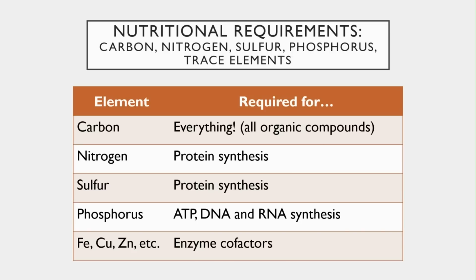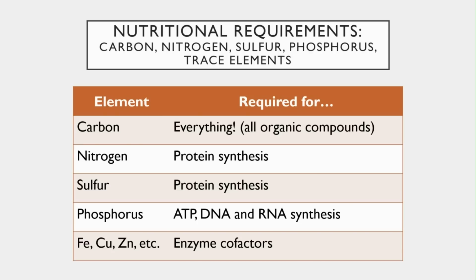Phosphorus is a component of ATP, which stands for adenosine triphosphate. As you know, phosphorus is also an important element in lipids, and DNA and RNA also have phosphates, as well as nitrogen and carbon. But without phosphate, there's no DNA, there's no RNA, there's no ATP, and most lipids.